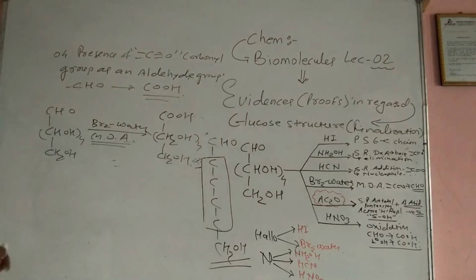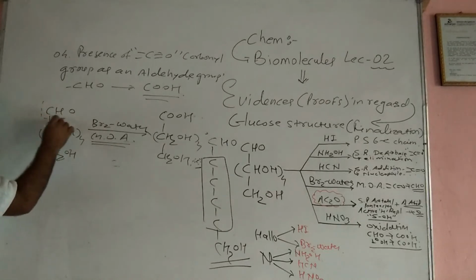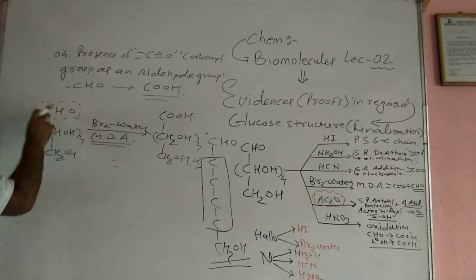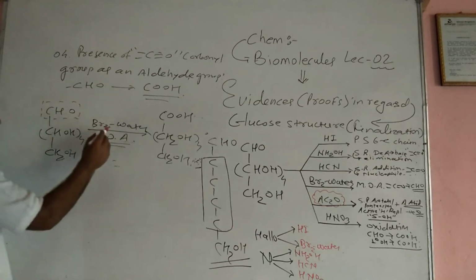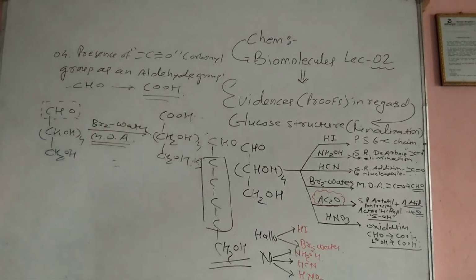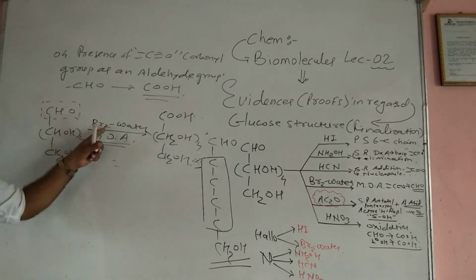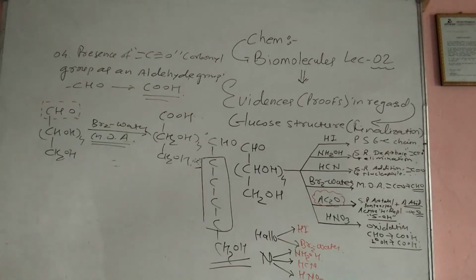So what change has been noticed here? The carbonyl group must be the aldehyde group, because this reagent never reacts with the ketone group; it does not oxidize a ketone.